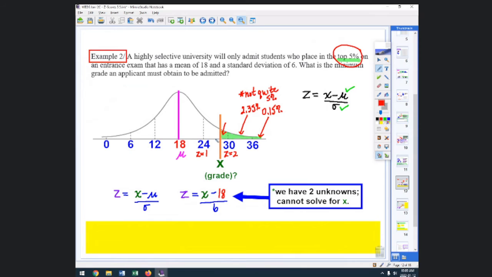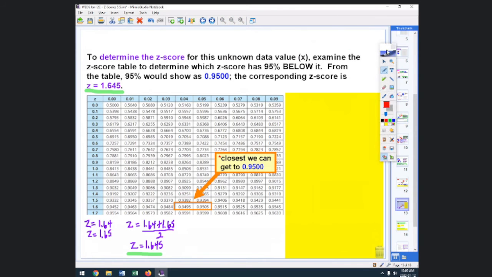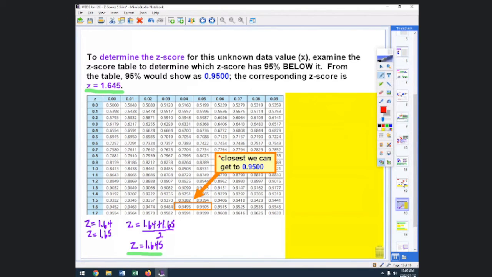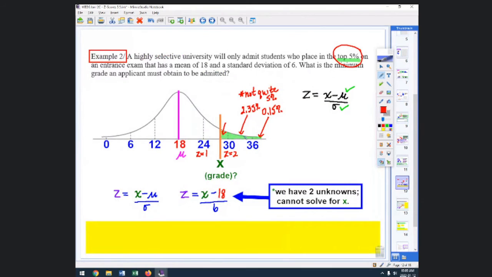Isn't it in here? 1 and 2? Okay. So if I'm working with 5%, if I use the table, it's not going to give me this percentage.